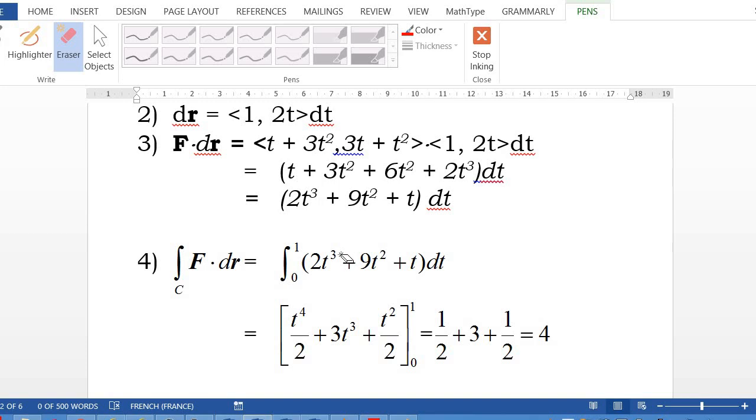Integrating 2t cubed, we have 2t to the power 4 divided by 4, which simplifies to t to the power 4 over 2. Integrating 9t squared gives 9t cubed divided by 3, so you get 3t cubed. Integrating t gives t squared over 2. Plug in the upper limit, plug in the lower limit, you get everything 0. So simplify it, and you get the answer 4.